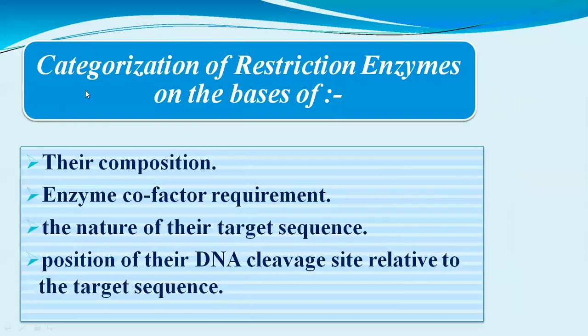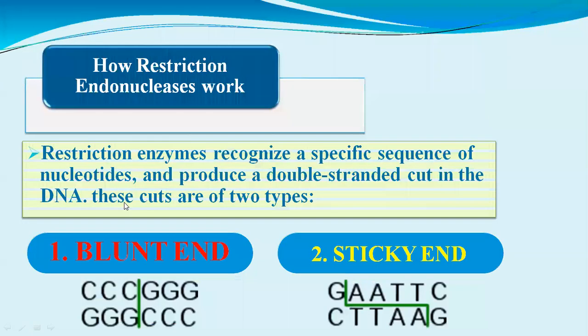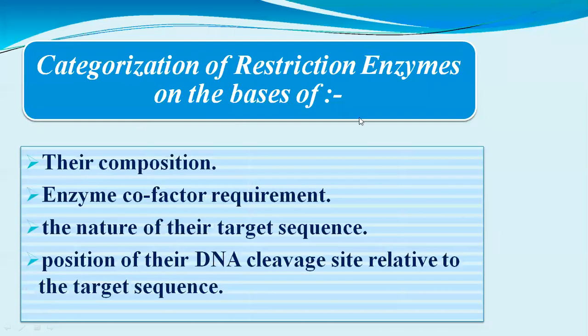They are characterized on the basis of their composition, the enzyme or cofactor that they require, the nature of their target sequence, that means which restriction site or recognition site they target, and the position of their DNA cleavage site relative to the target sequence. On this basis, we generally characterize the restriction enzymes.